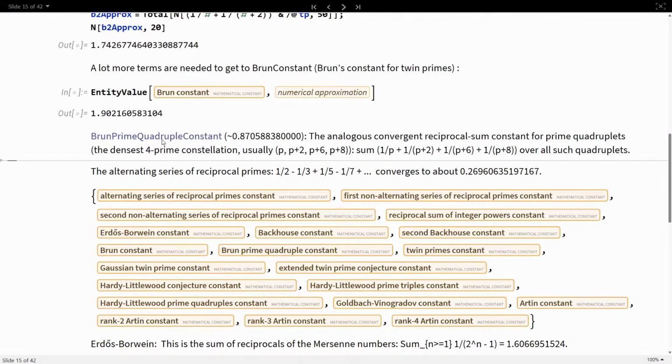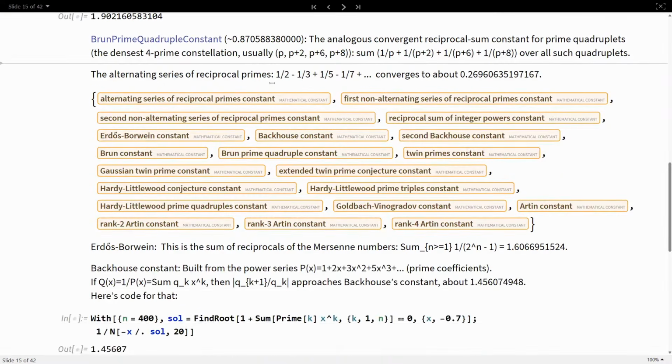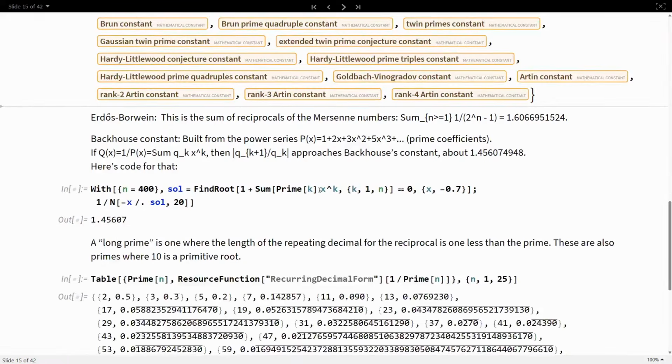A related item is to look at prime quadruples, such as 11, 13, 17, 19. And most of these deal with primes in some way. The sum of the Mersenne prime reciprocals is this Erdos constant.